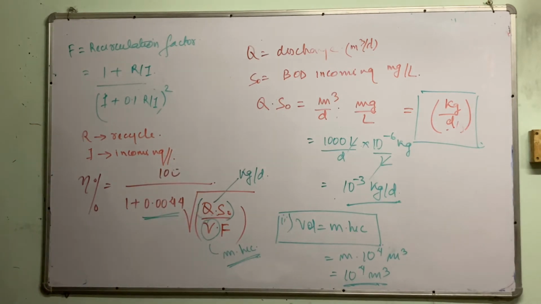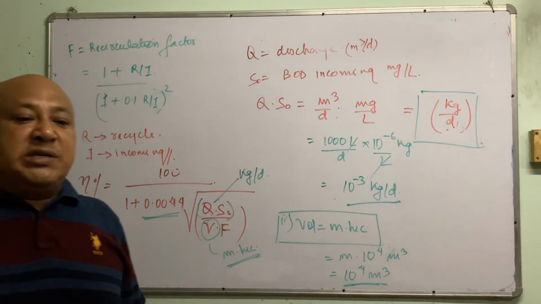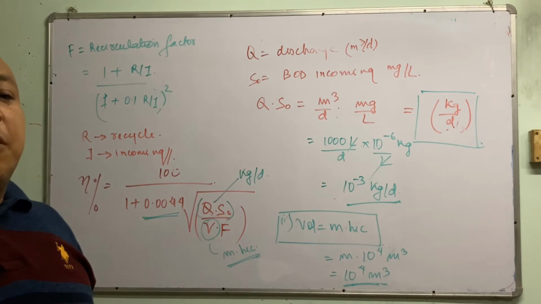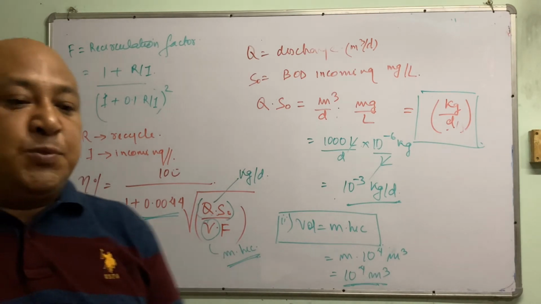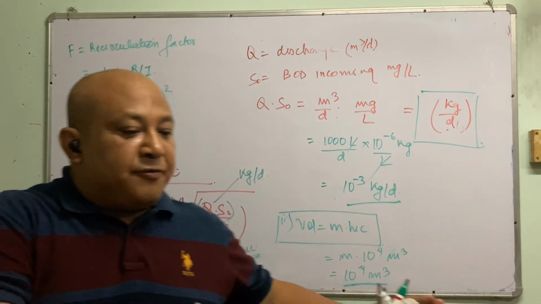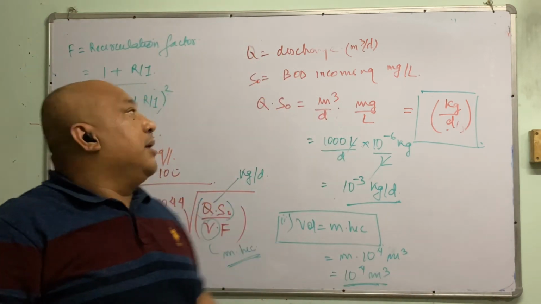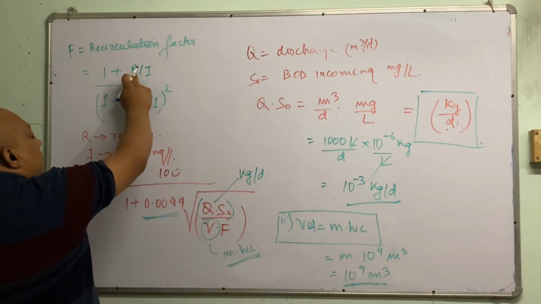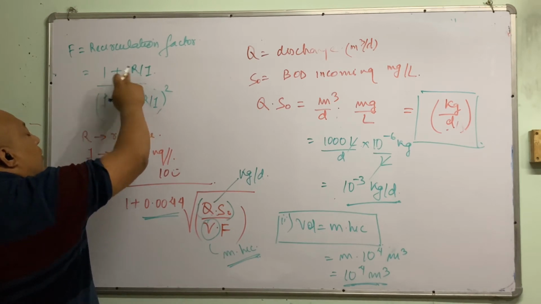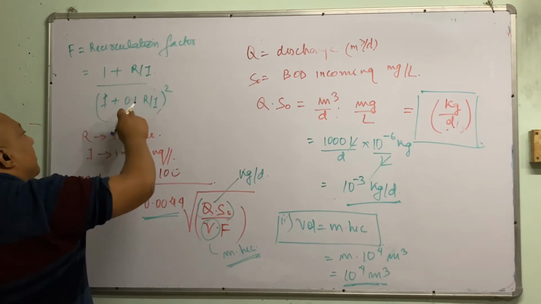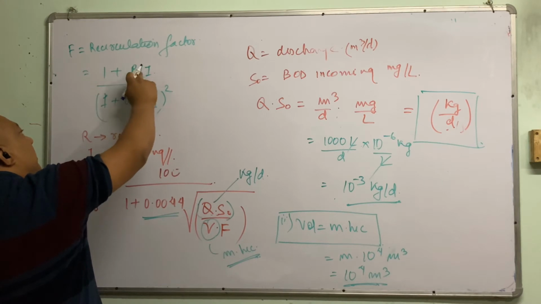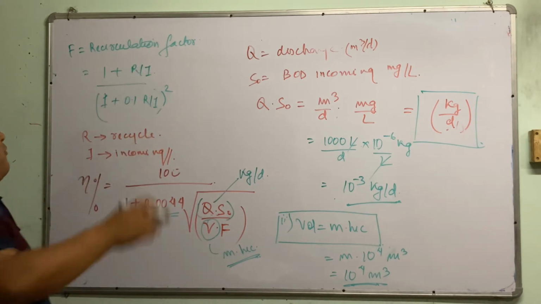Now let's say I recycle 50% of the wastewater coming, then the recycle ratio will be 1.5 and you can find the value.